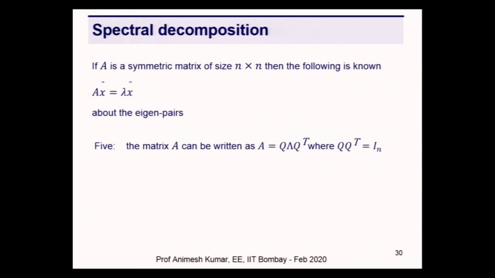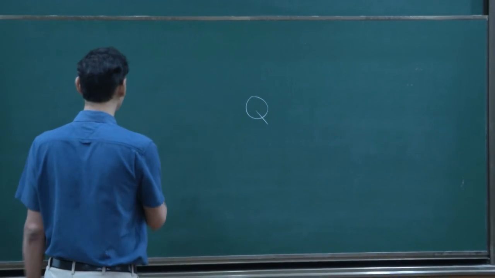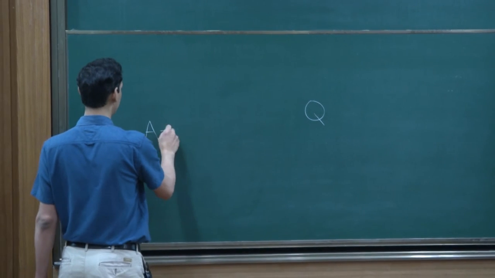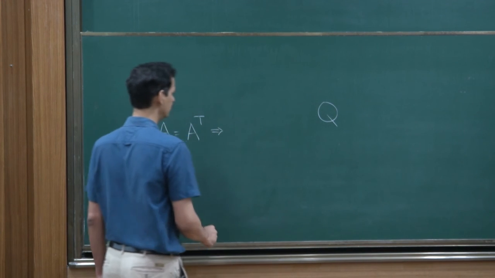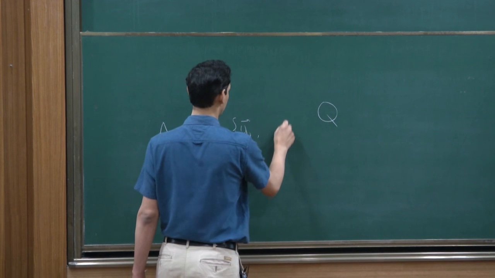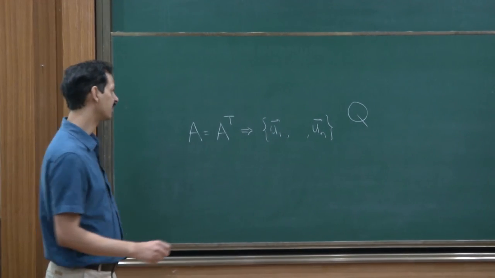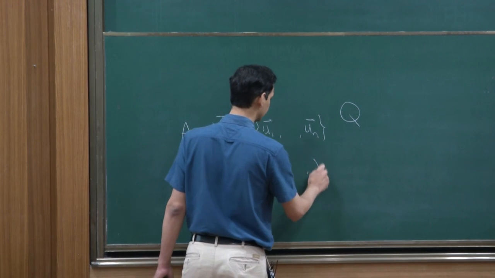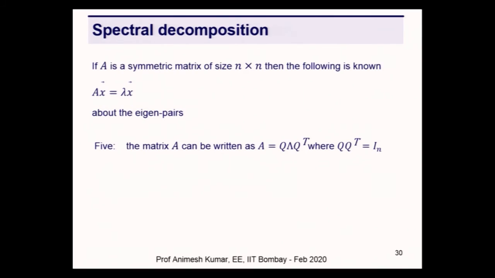Before that we had a symmetric matrix A, such that A is equal to A transpose. This leads us to n orthonormal eigenvectors, and correspondingly we have n different eigenvalues. So that's the decomposition we have here.